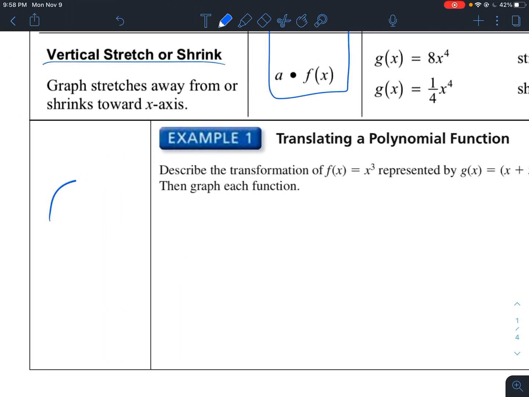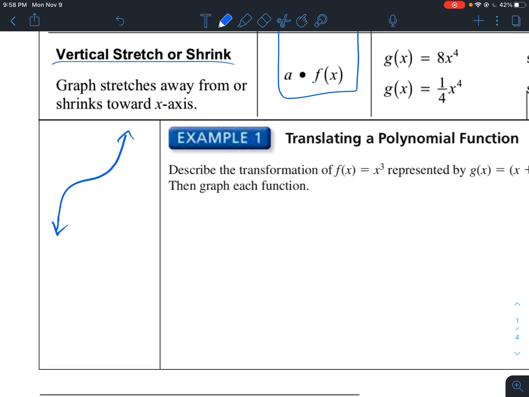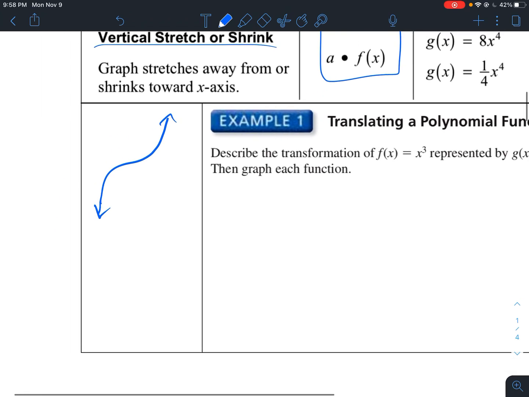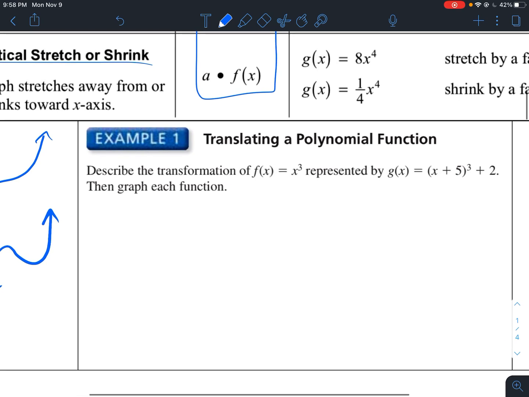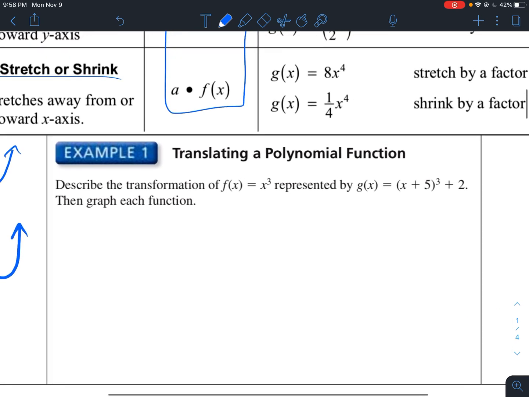A cubic function will look something like this. Or, depending on how else it might look at various transformations, it could look something like this, like that. But generally, it should look something like that. So it wants us to graph this function, but then describe the transformation.